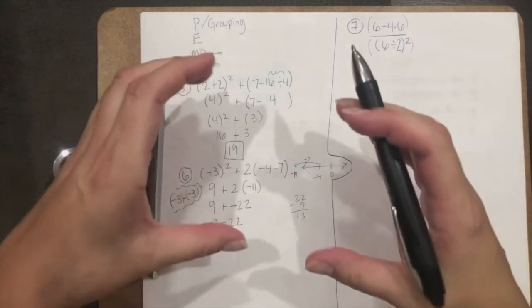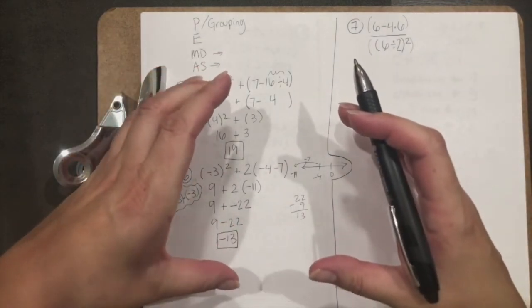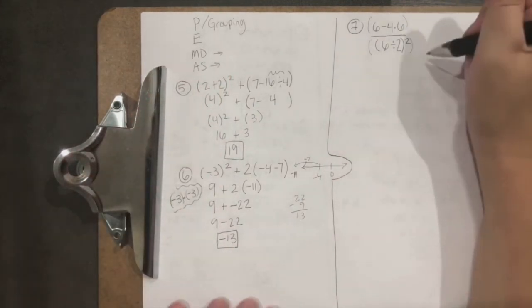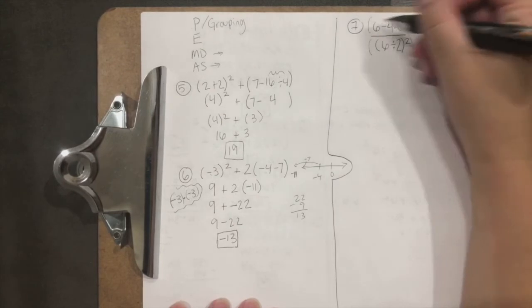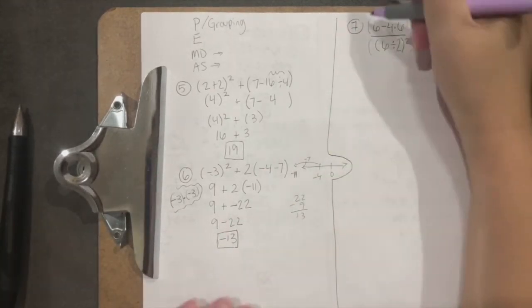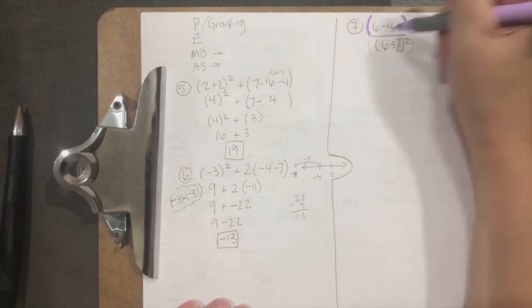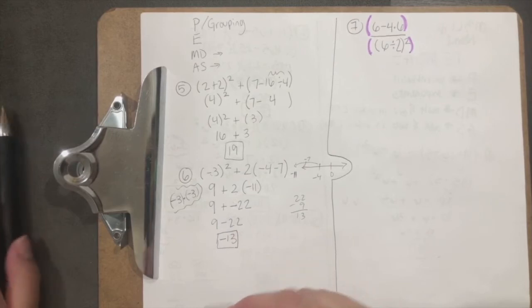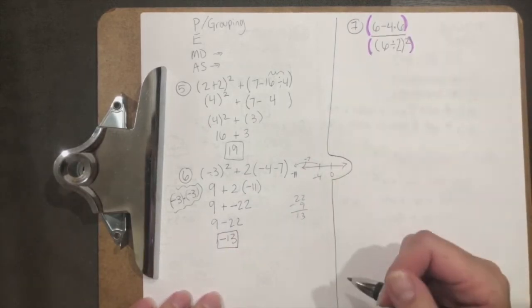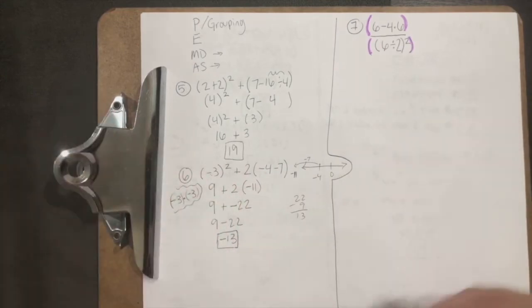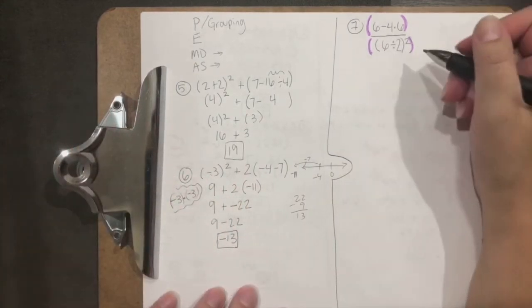So the top is like its own little parentheses, and the bottom is like its own little parentheses, even if we don't draw them on there. So just kind of keep that in mind. I should probably have done it in a highlighter because it's not in the original. It's like invisible parentheses. Everything on top first, everything on bottom first, and then the final division.